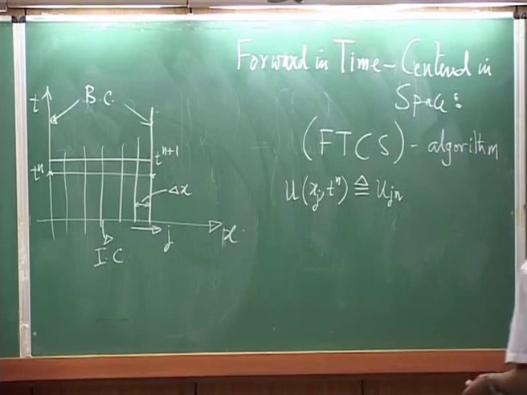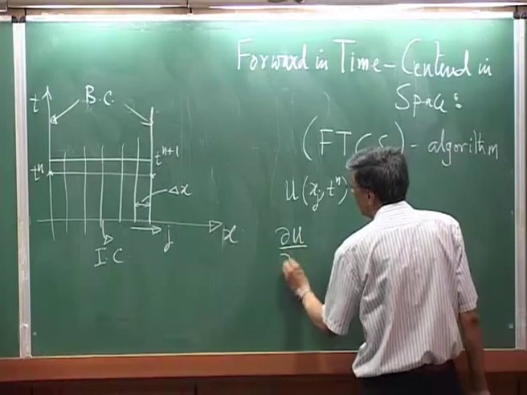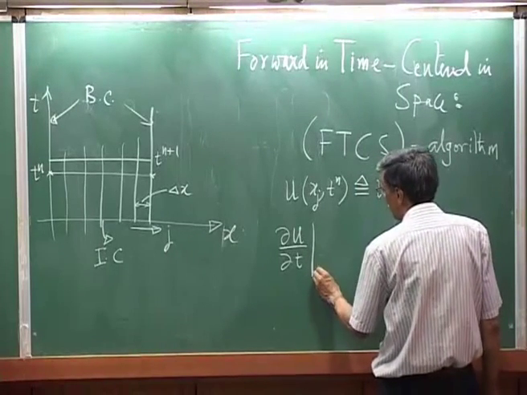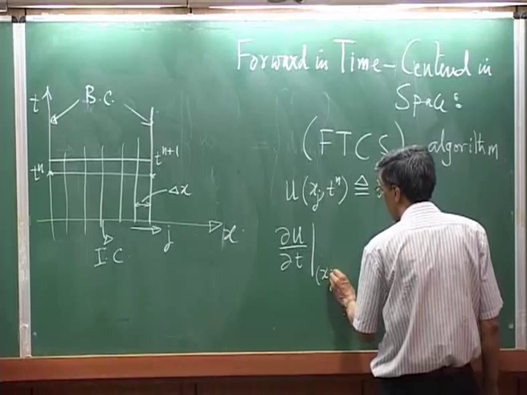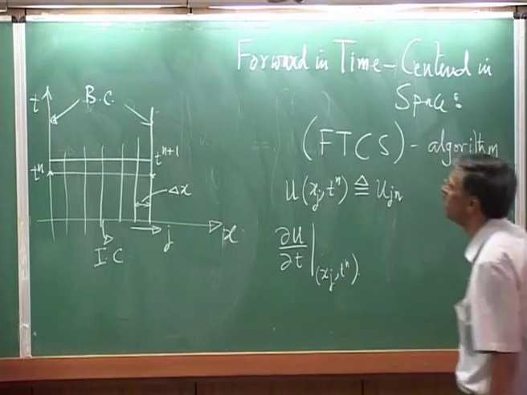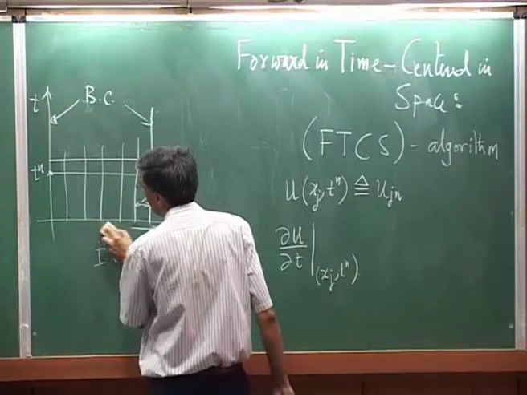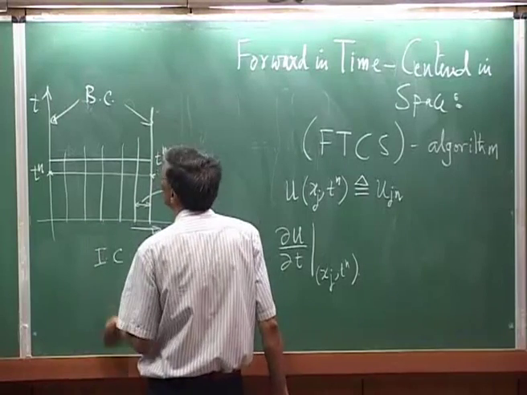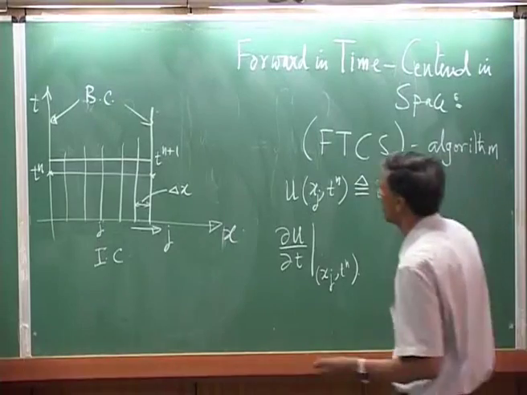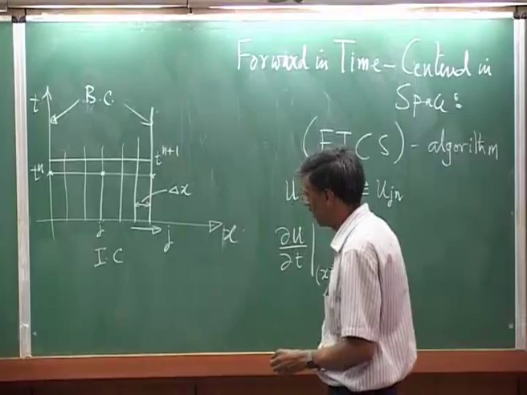Okay. So, if I am trying to evaluate this quantity del u del t, I would like to do it, let us say, at that point x j and at this time. So, basically if this is my jth index, we are talking about writing the derivative about this point. Okay.